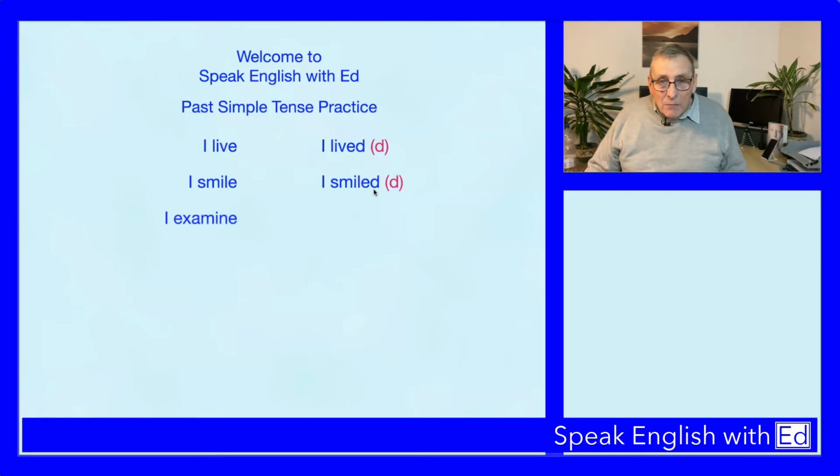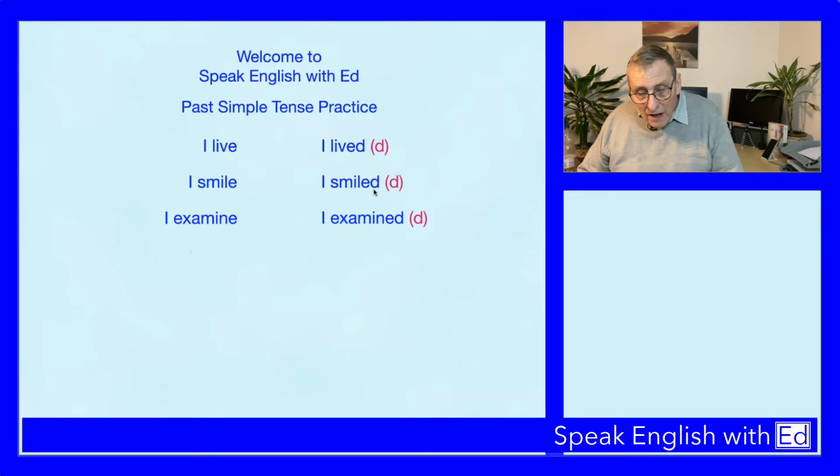I examine, it's got an E again at the end, so we add the D to get examined, I examined. And again, it's a D sound. All these so far have had D sounds. And the last one that we've got here is I erase. Erase means to rub out.